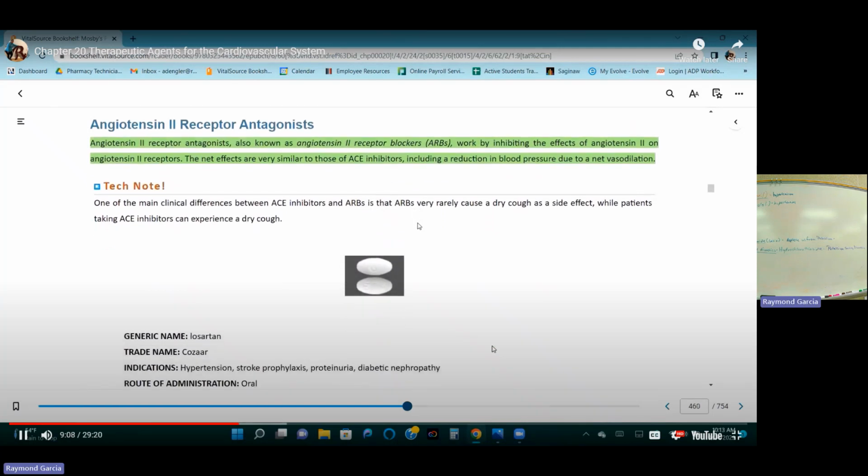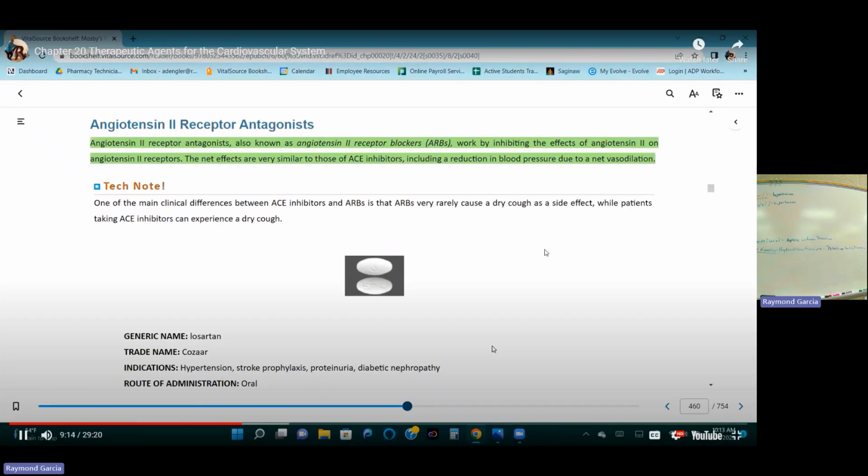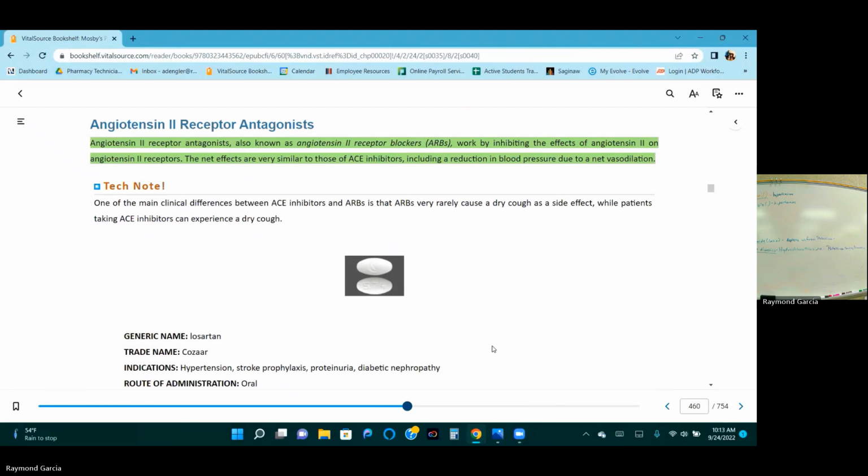Angiotensin II receptor antagonists, also known as angiotensin II receptor blockers, ARBs, work by inhibiting the effects of angiotensin II on angiotensin II receptors. The net effects are very similar to those of ACE inhibitors, including a reduction in blood pressure due to net vasodilation.